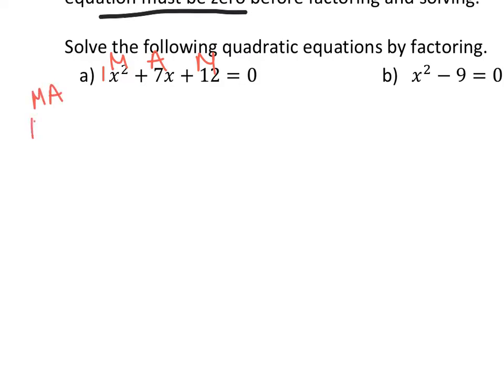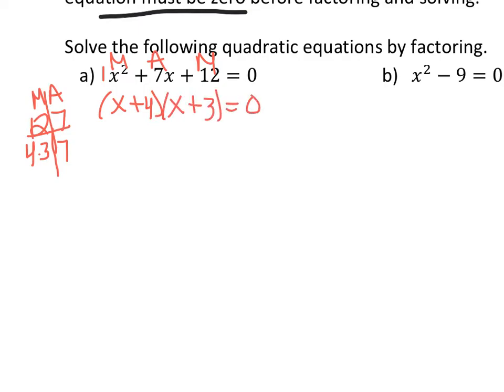My m is 12, and a is 7. So I'm looking for two numbers that multiply together to give me 12 and that add to 7. Well, 4 times 3 gives me 12 and adds to 7. So x plus 4 times x plus 3.